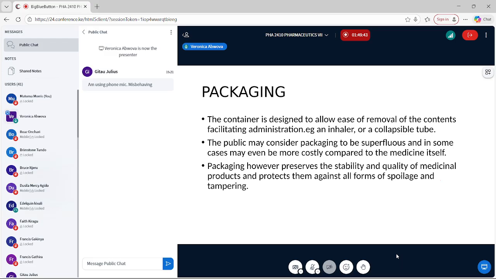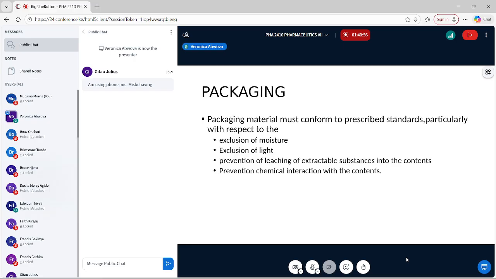So packaging, however, preserves the stability and quality of medicinal products and protects them against all forms of spoilage and tampering. Okay? So for that reason, you're allowed to have superfluous packaging.